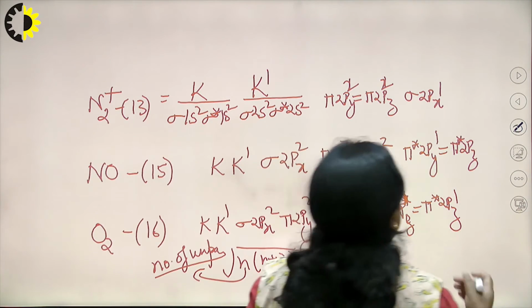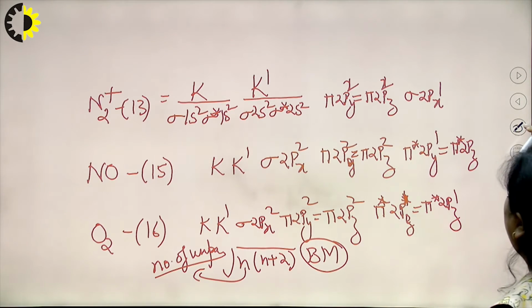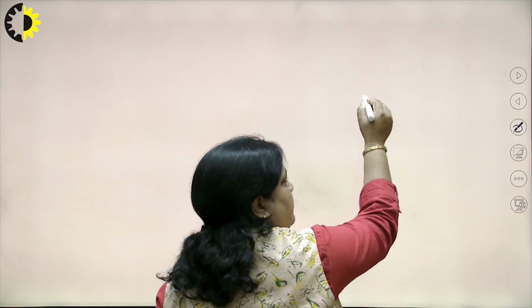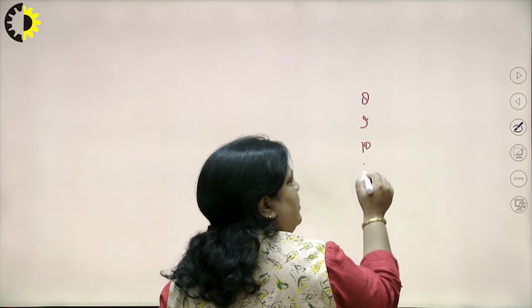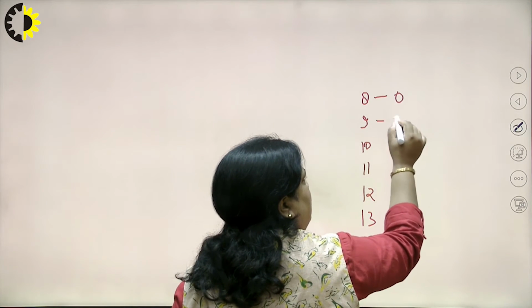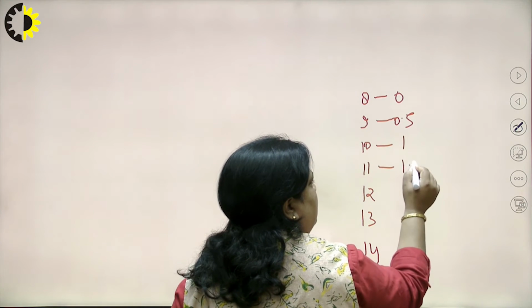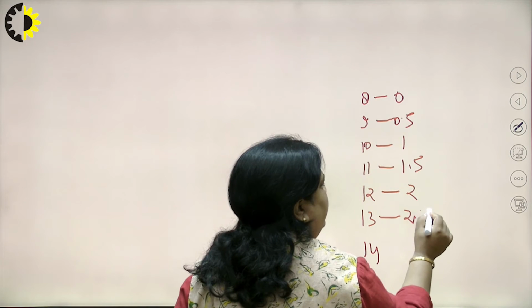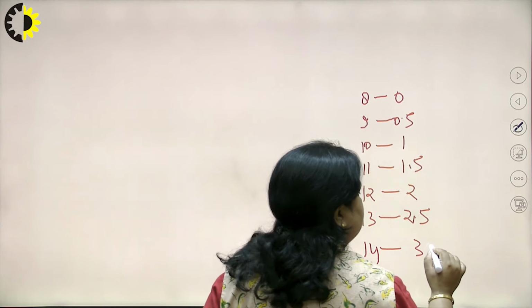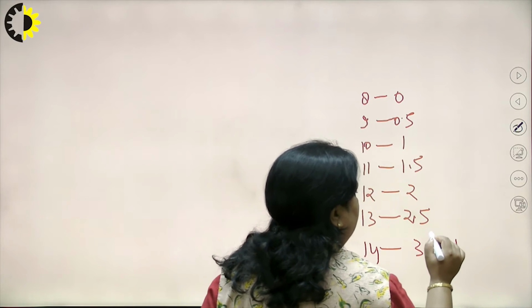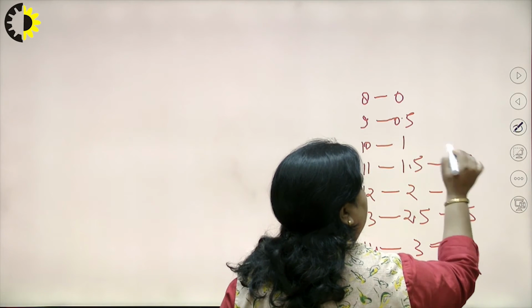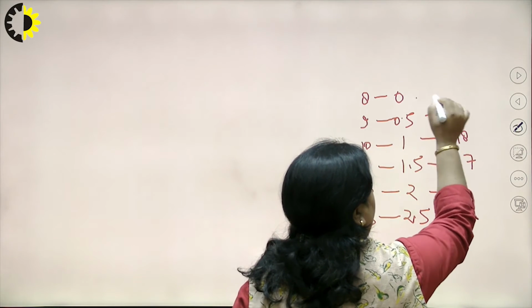If there is any problem remembering the bond order, or suppose we want to verify the bond order, we can just remember this: write 8, 9, 10, 11, 12, 13, 14, and below them 0, 0.5, 1, 1.5, 2, 2.5 and 3, and then just reverse the order for 15, 16, 17, 18, 19, 20.